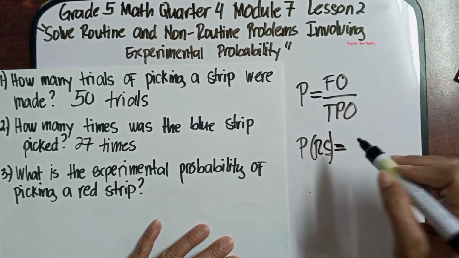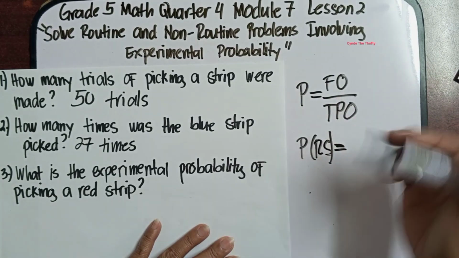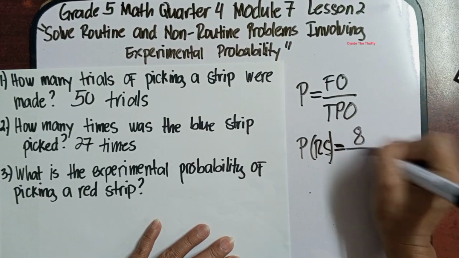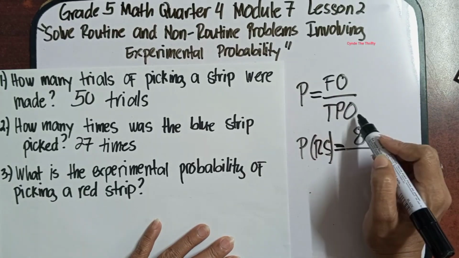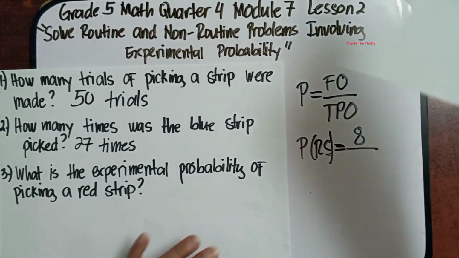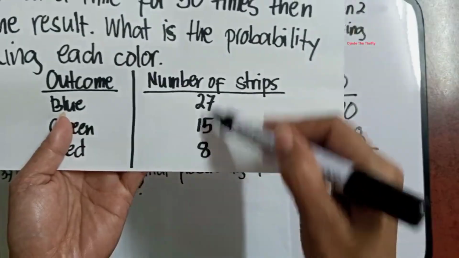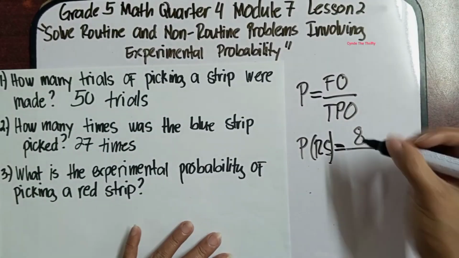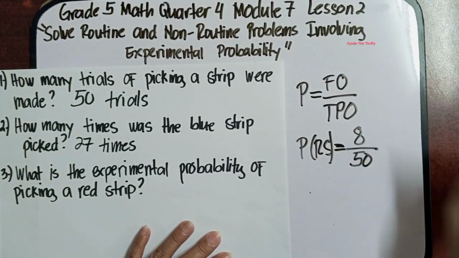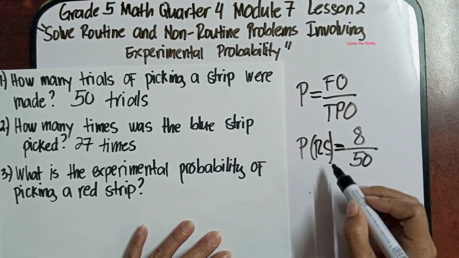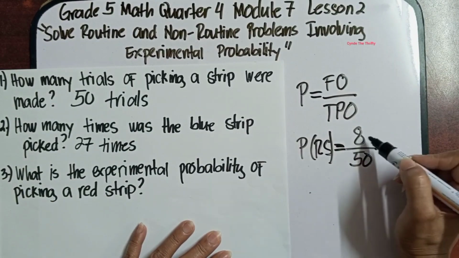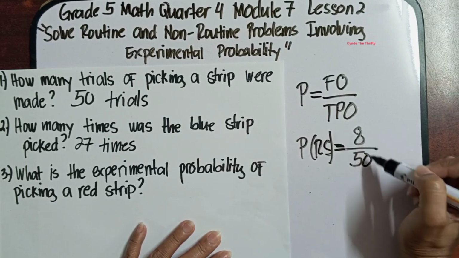Ilang times siya na-pick? 8 times. Divided by ilang total possible outcomes or ilan sila lahat? Ilang trials ang ginawa mo? 50. So, divided by 50. So, probability of red strip is equal to 8 over 50.